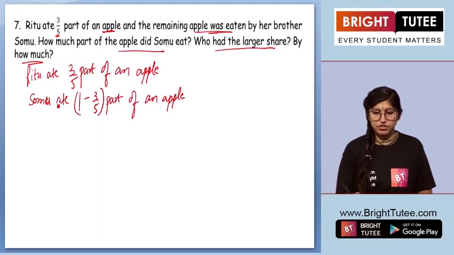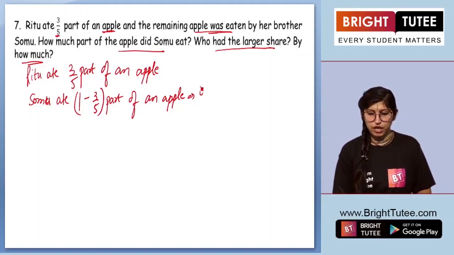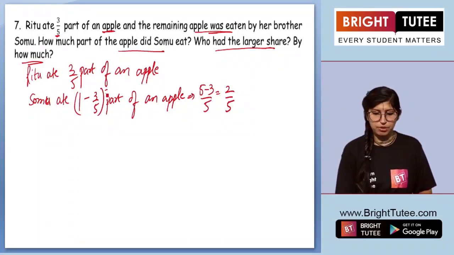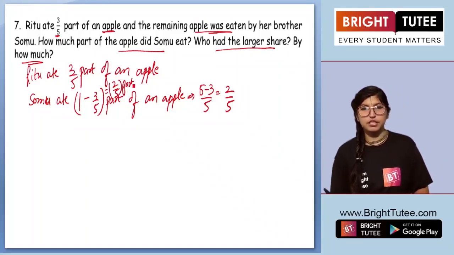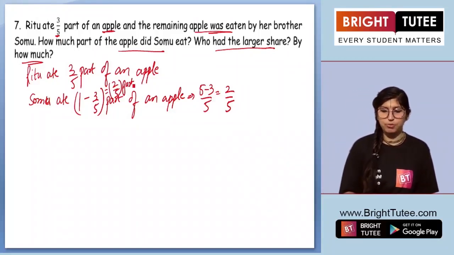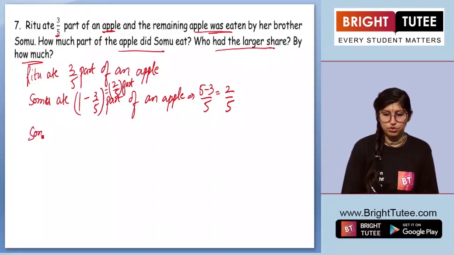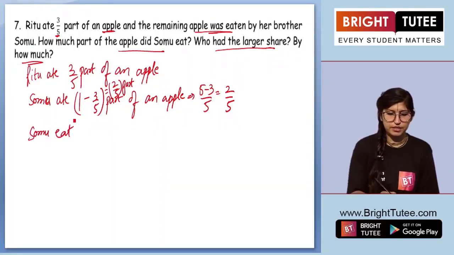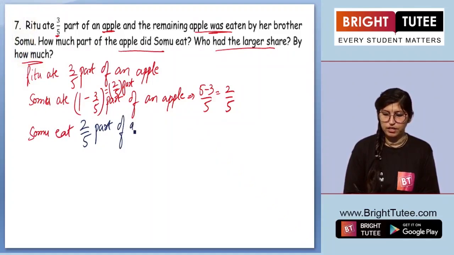So now 1 minus 3 by 5 part, which means 5 minus 3 by 5, which is 2 by 5. So it means 2 by 5 part has been eaten by her brother Somu. So first part, how much part of the apple did Somu eat? Somu ate 2 by 5 part of an apple. This is the first one.